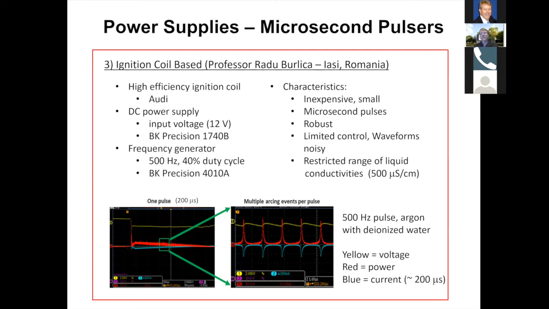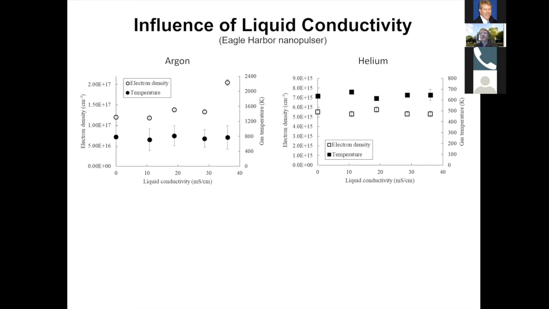We do have a homemade power supply that a visiting professor from Romania built for us, and it's fairly cheap, but it has very similar characteristics, although it does have some drawbacks in terms of operation at high conductivity.